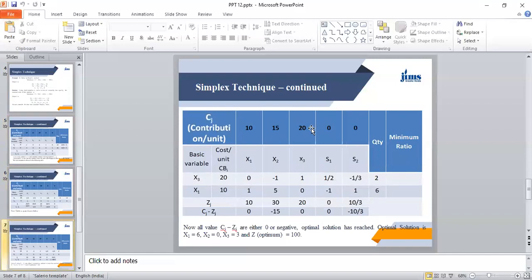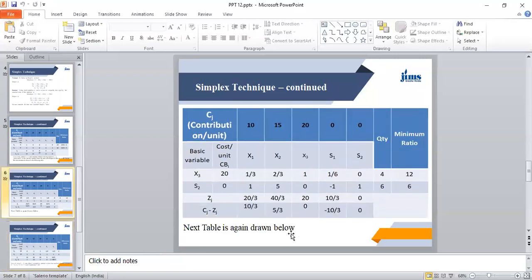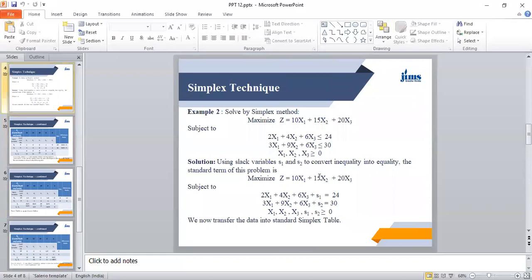So this is the maximum value of the objective function. The objective function has a value of 100 in this case. So what is the maximum solution? We do not produce any unit of x2, we only produce 6 units of x1 and 2 units of x3. x1 gives a contribution of 10.